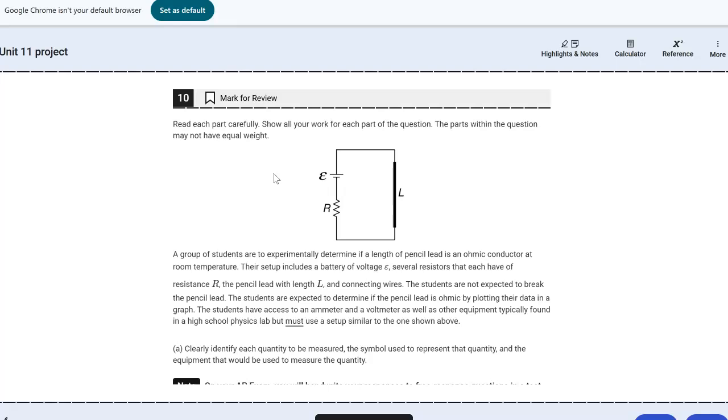Okay, so let's get into it. First, like we've always done, we're going to name our relevant equations.